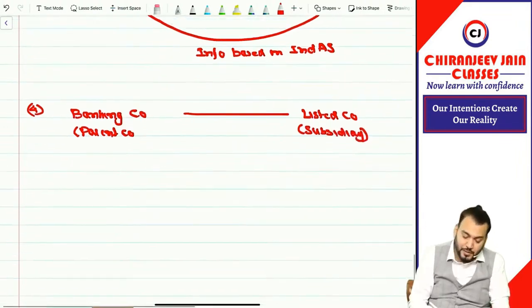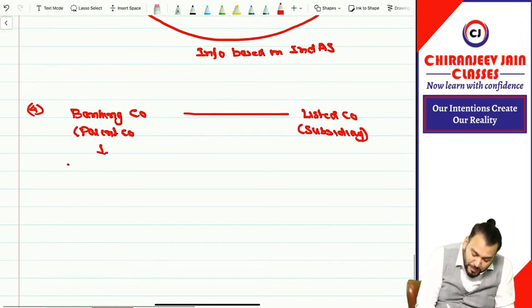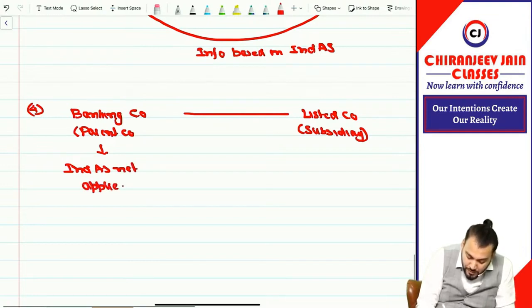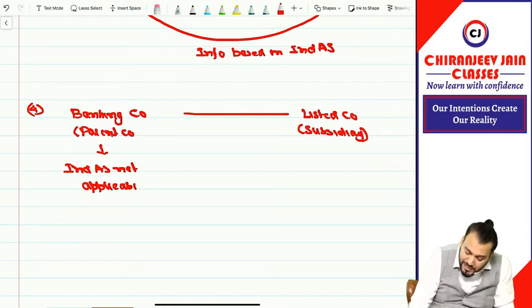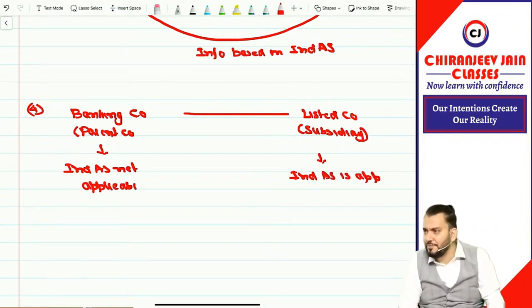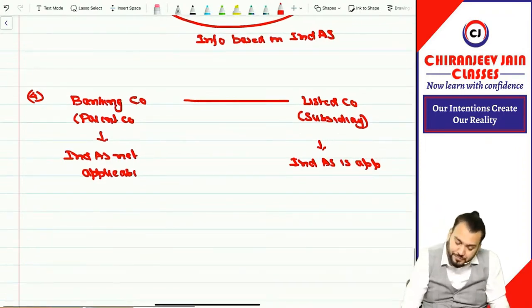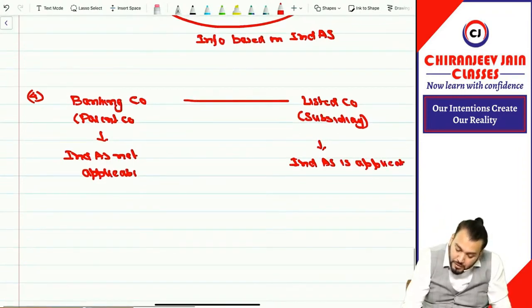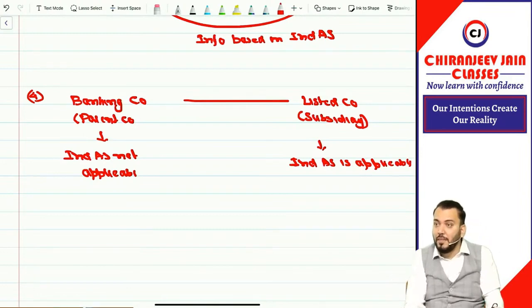So for this bank company, Ind AS is not applicable, right? And for this listed company, let us assume Ind AS is applicable. I am assuming Ind AS is applicable because net worth is more than 500 crore. Correct? This situation is also quite possible.